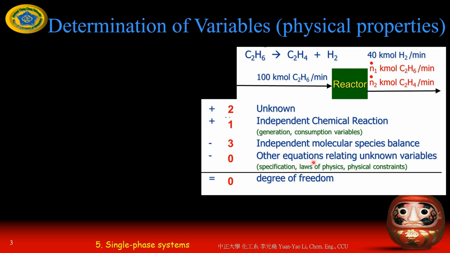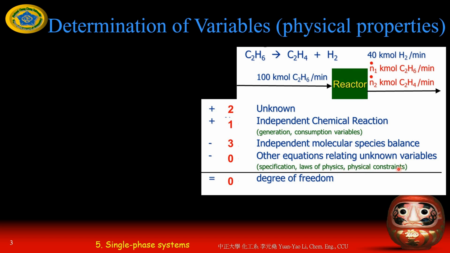That is one direction to get an equation. The other three are specification, physical laws or physical properties, and physical constraints. These are the directions you need to find equations.